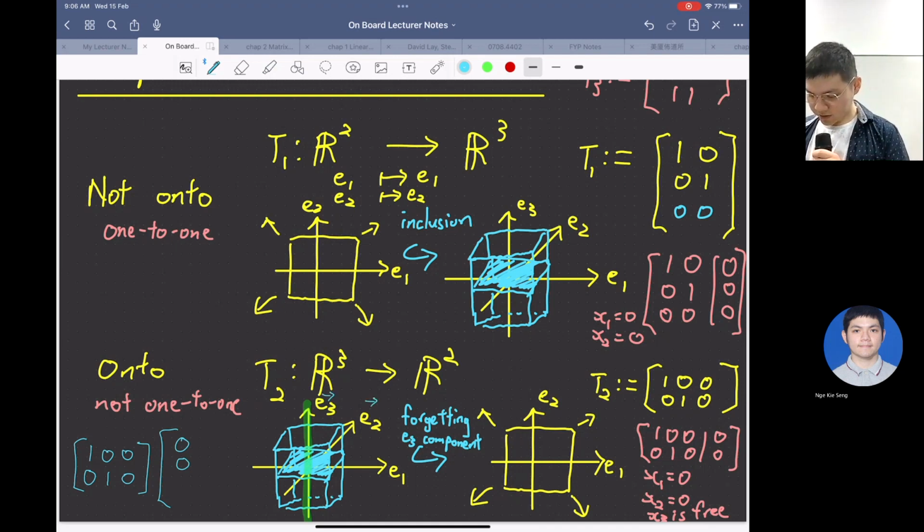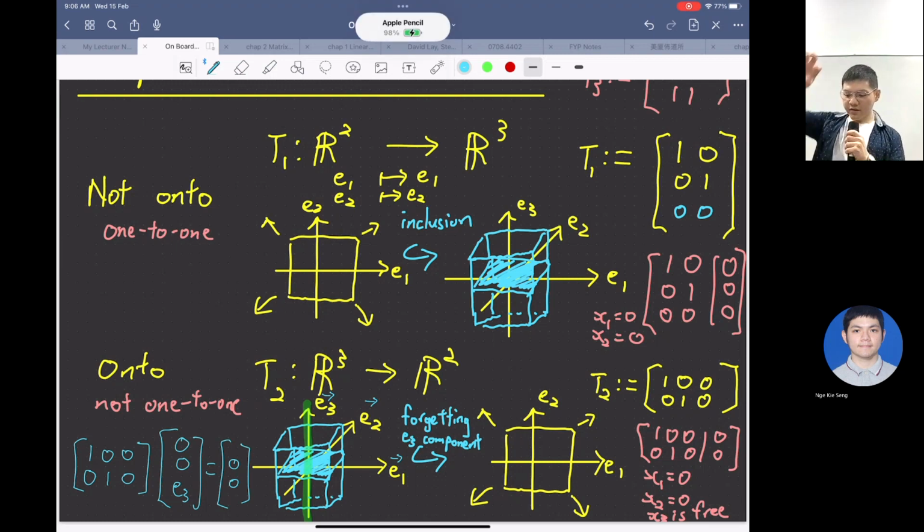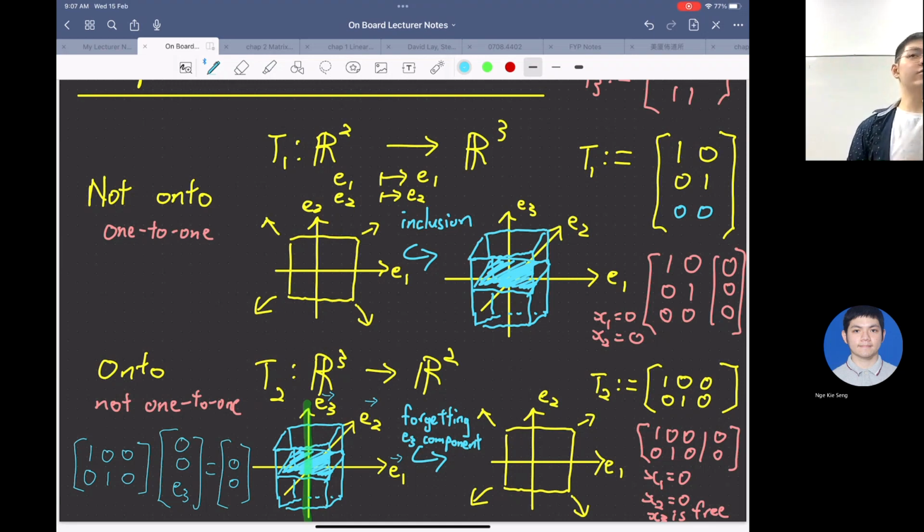I'll use E3 again, and then for this you get 0, 0, 0, 0, 0, 3, 0, 0. So everything on E3 will get sent to the 0 vector. So the null space in this case is the E3 axis.